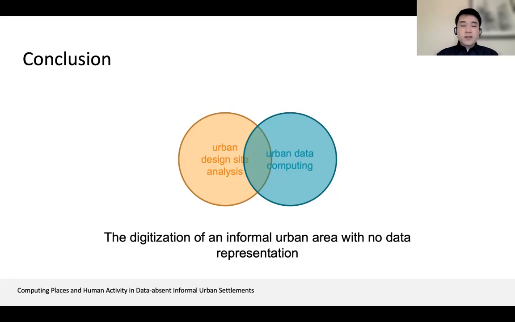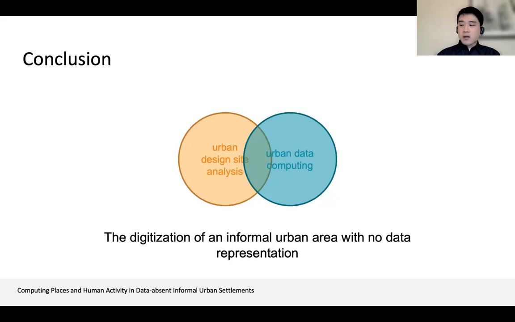So we further explore a possible hybrid approach to combine human design thinking with data computing. Hopefully this hybrid approach may provide new tools and evidence for objectively measuring urban conditions in a data poor area, to support planning decisions and design strategy for sustainable development.